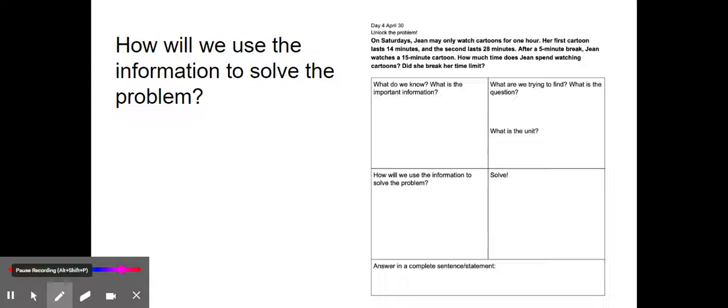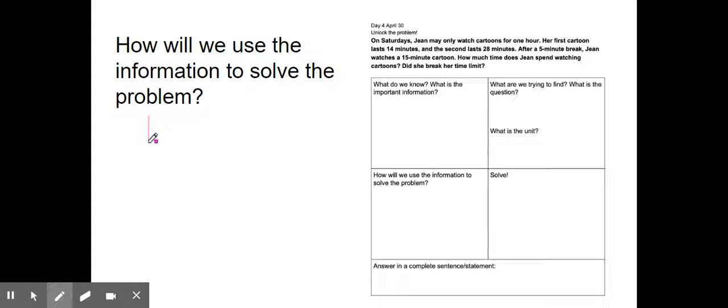We know that Jean watches 3 cartoons. We want to know how many minutes she watched altogether. I know when I hear those words together that I want to be adding, putting things together. So I'm going to start by writing an addition equation. I'm going to write my addition equation vertically.